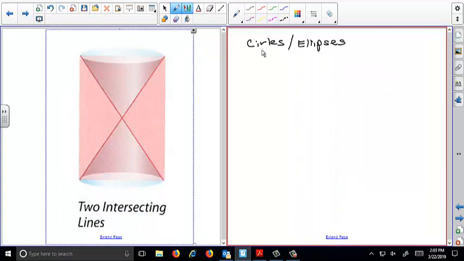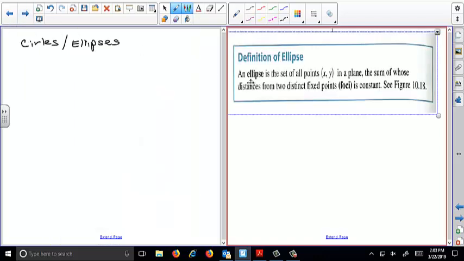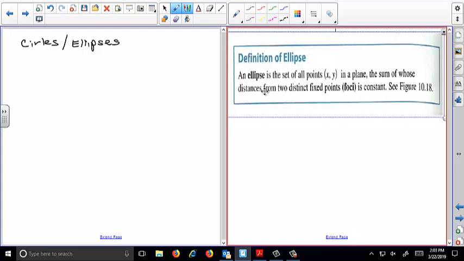Okay, so now we're going to talk specifically about circles and ellipses. We're going to talk about ellipses first, and then we'll tell you what the special case is for circles. So here's the definition, and it doesn't have anything to do with the drawing we had, but this is the mathematical description.